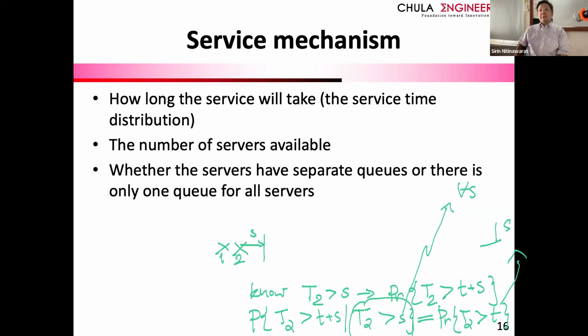Another important element is how the servers interact with the queues. For example, with many servers, they may have their own queues, or in some situations there could be only one queue and the servers are all serving this common queue.